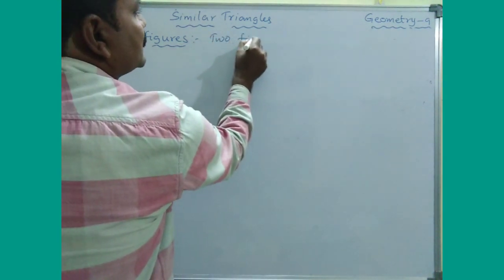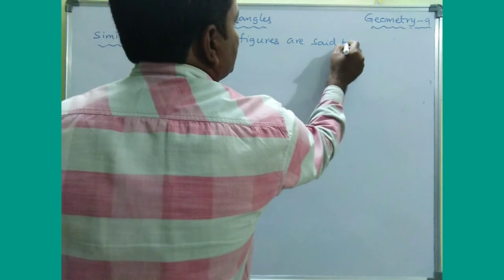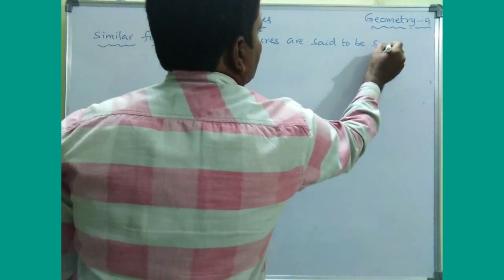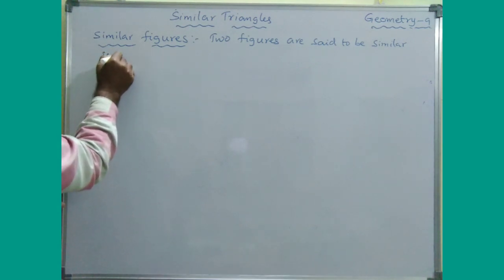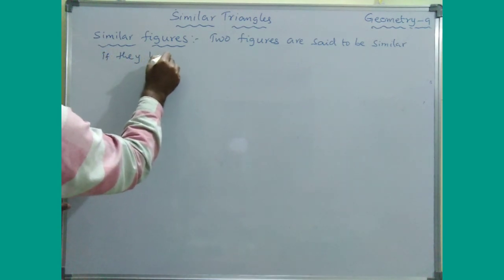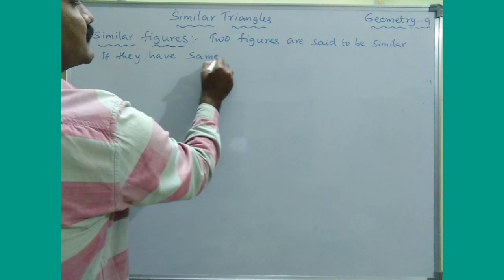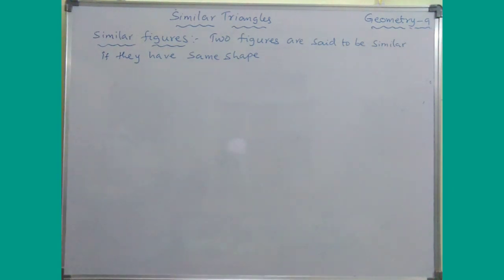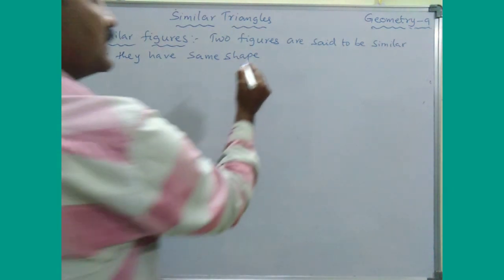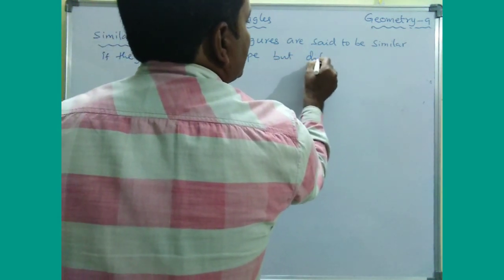Two figures are said to be similar if they have the same shape but different size.